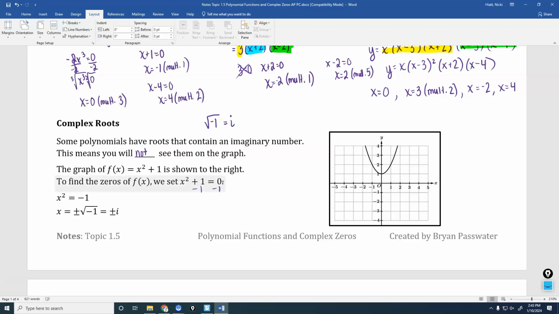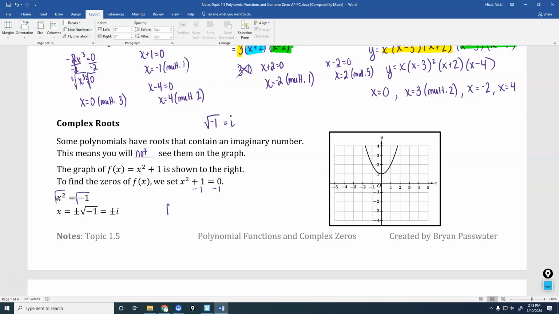That would give us x squared equals negative 1. And then we would need to square root both sides. And when we square root both sides, we would get plus or minus the square root of negative 1, which is plus or minus i. So you've got two answers that do make this function 0, but you cannot see them on the graph.